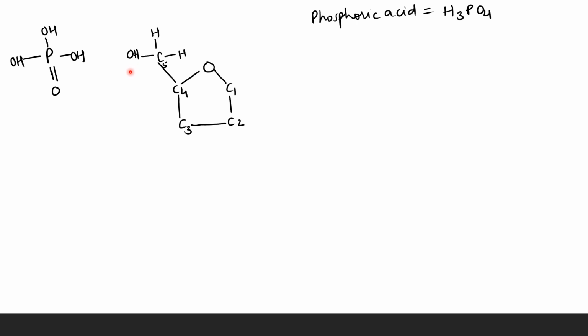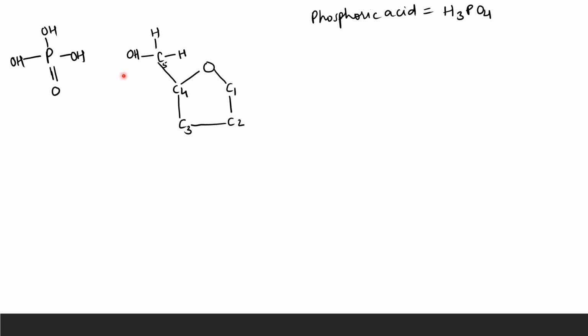So what is the reaction between these two, right? When acid and alcohol group react, what will happen? Esterification, right? So esterification will happen between these two groups, and water will be released. So what is water? That is HOH, H2O is the water. So we have to release water from these two, that is phosphoric acid and alcohol, and make an ester bond.